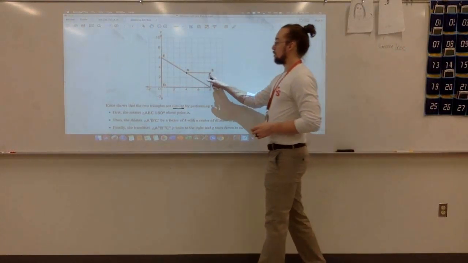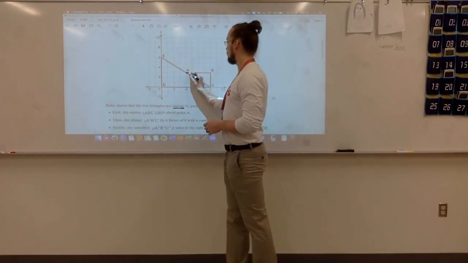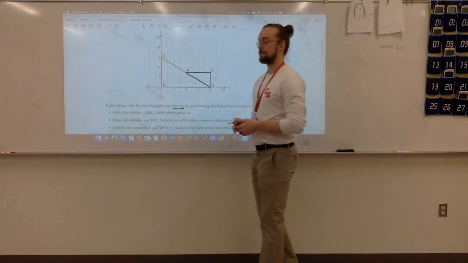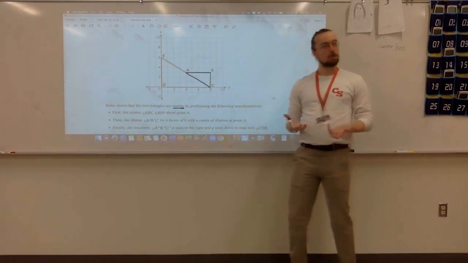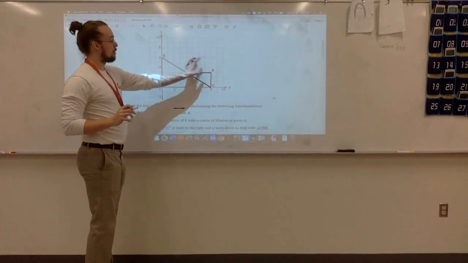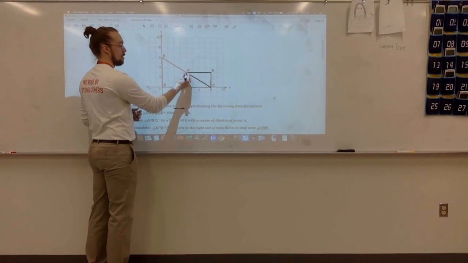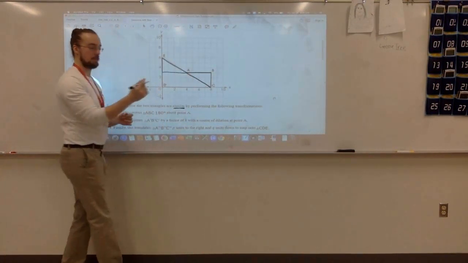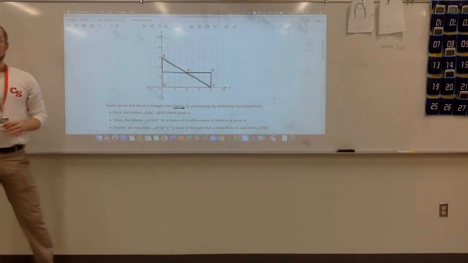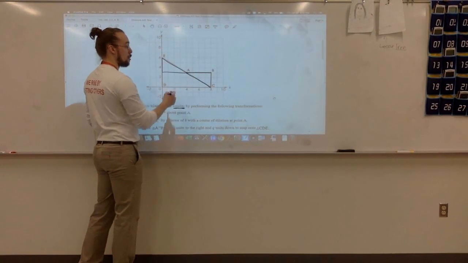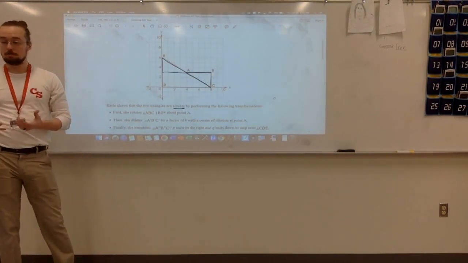What would this triangle look like after I rotate it 180 degrees about point A? So it'll be flipped around over here. Okay? So we talked about rotating points.